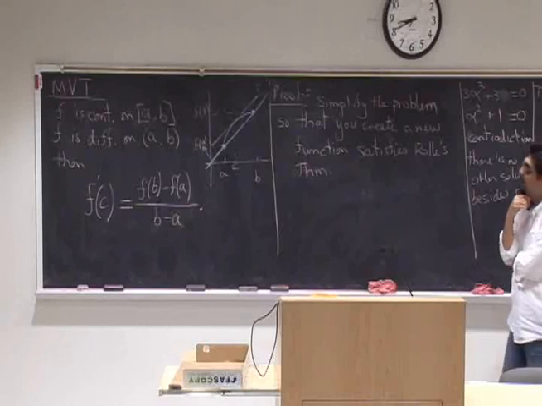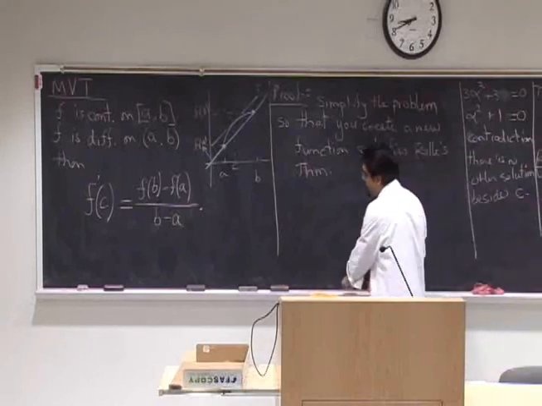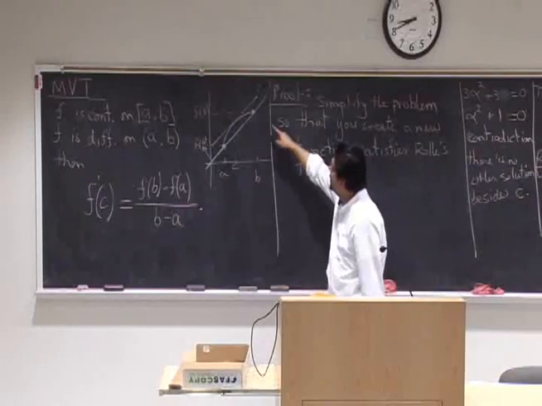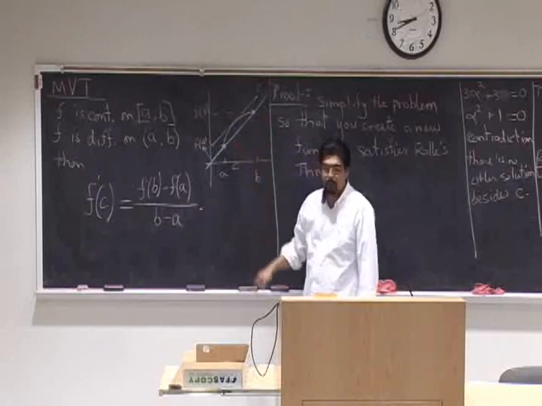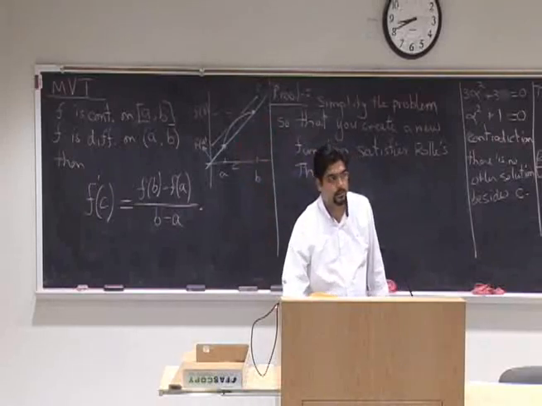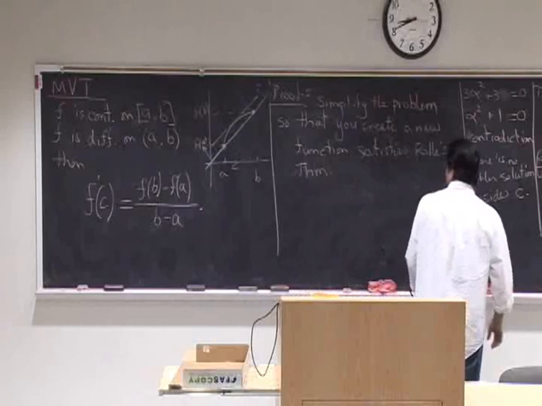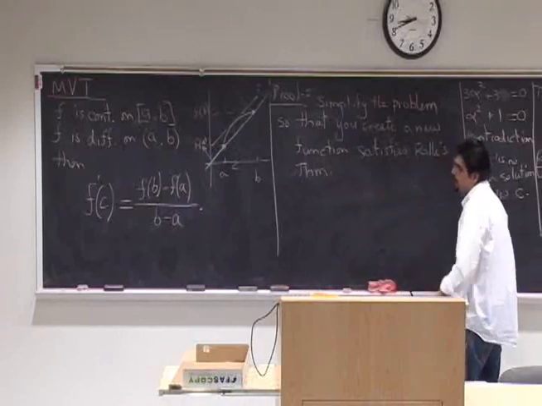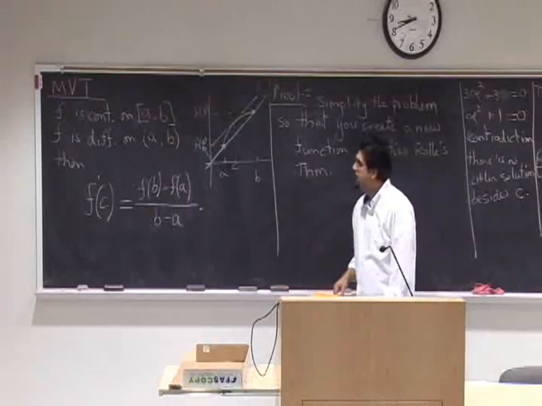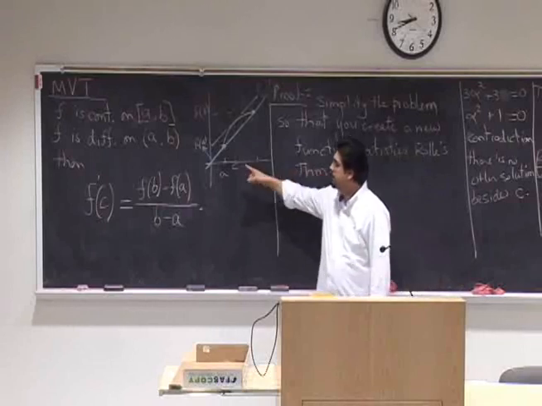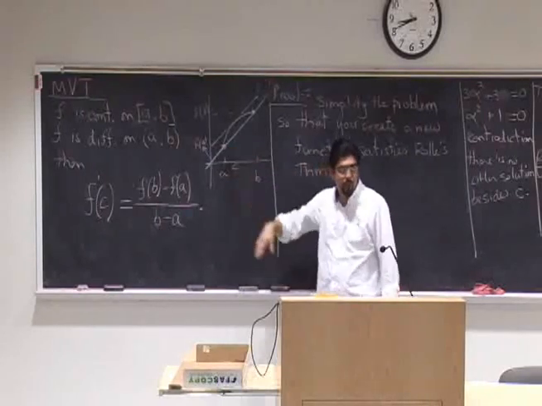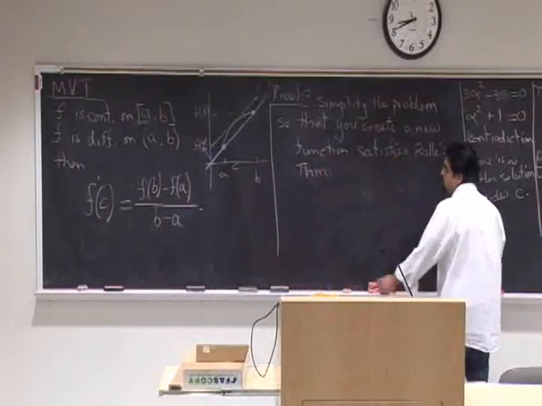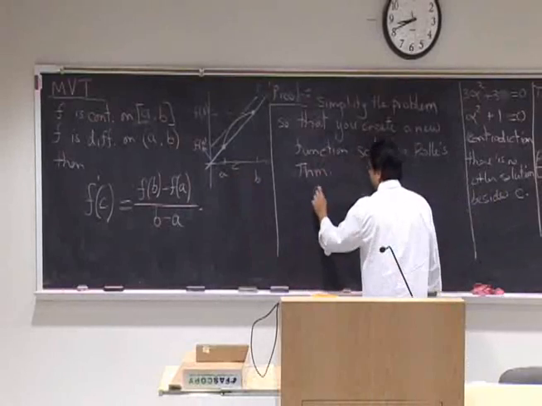So here's the idea. We're going to come up with an equation for this line. We have the slope, it's f of b minus f of a over b minus a, and we have a point. Here's the point. With the point-slope formula, we can write down the function. Let's call that function g.